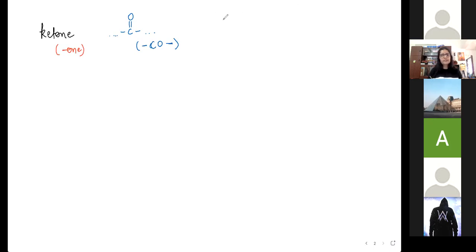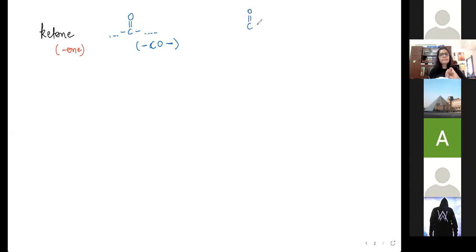So examples. Considering there should be carbon atoms attached on both sides, what will be the smallest ketone? The smallest ketone will have one carbon atom, or three? Three.